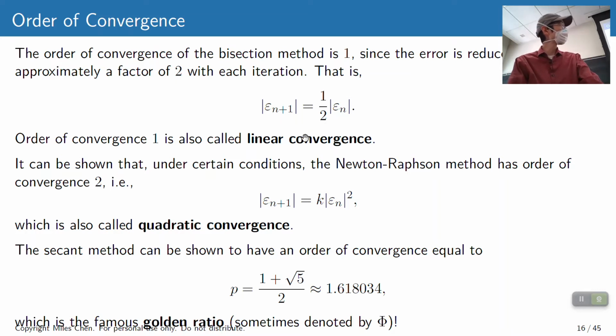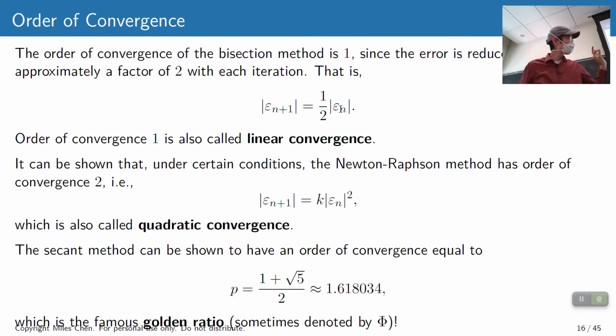This is what we call linear convergence. We're not taking our current error and raising it to any kind of power. We're just taking our current error and dividing it by 2. Okay, so that's linear convergence, and it's pretty good. The amount of error is shrinking by a factor of 2 every single time.